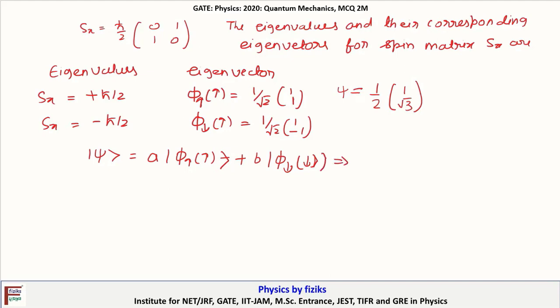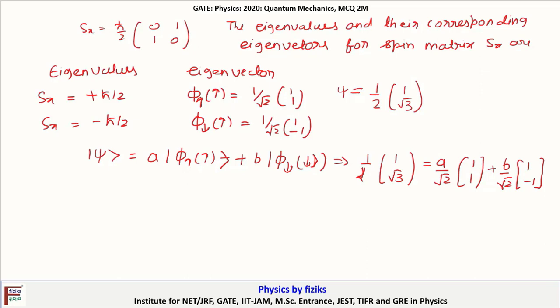That means 1 by 2, 1 by root 3 can be represented as a by root 2 (1, 1) plus b by root 2 (1, minus 1).